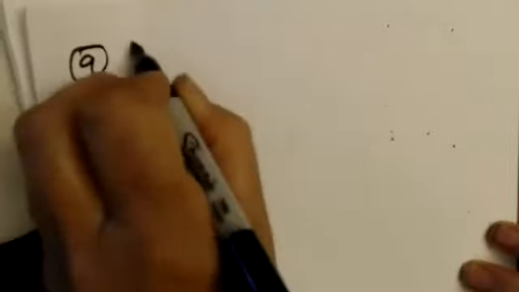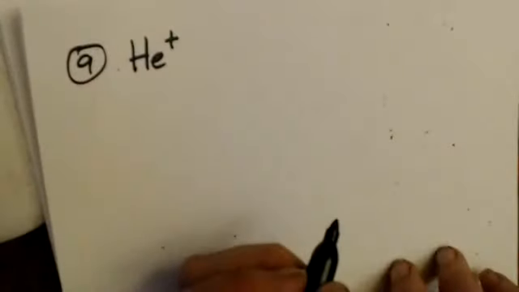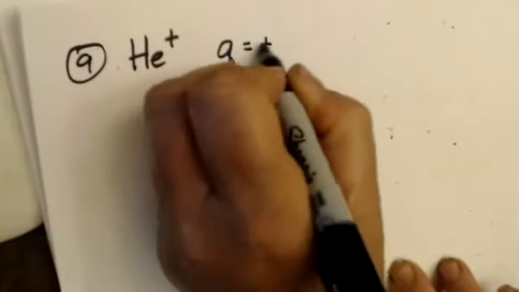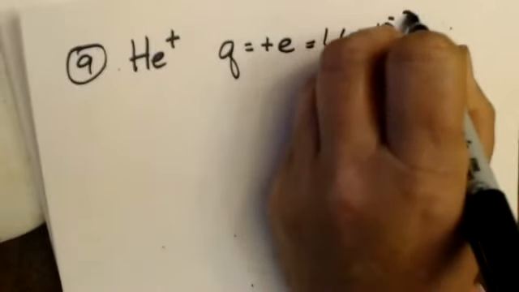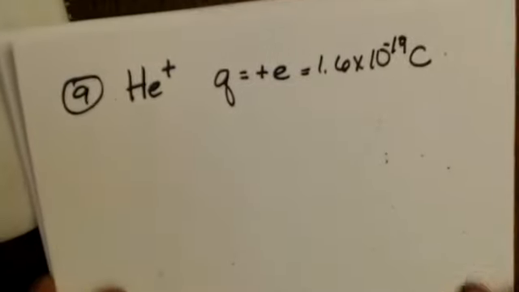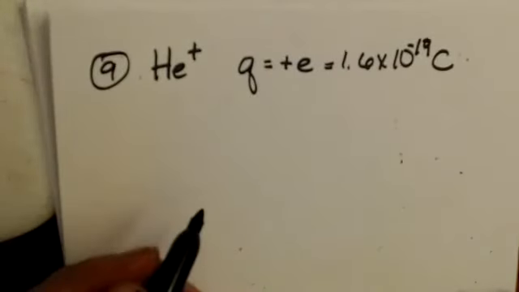Problem number 9 says, what is the potential difference needed to accelerate a helium plus ion from rest to a speed of 1 × 10⁶ meters per second? Now they tell me it's a helium plus ion, so its charge is +1 electron, that's 1.6 × 10⁻¹⁹ coulombs, because I've got a deficit of 1 electron, which makes it a +1 charge.